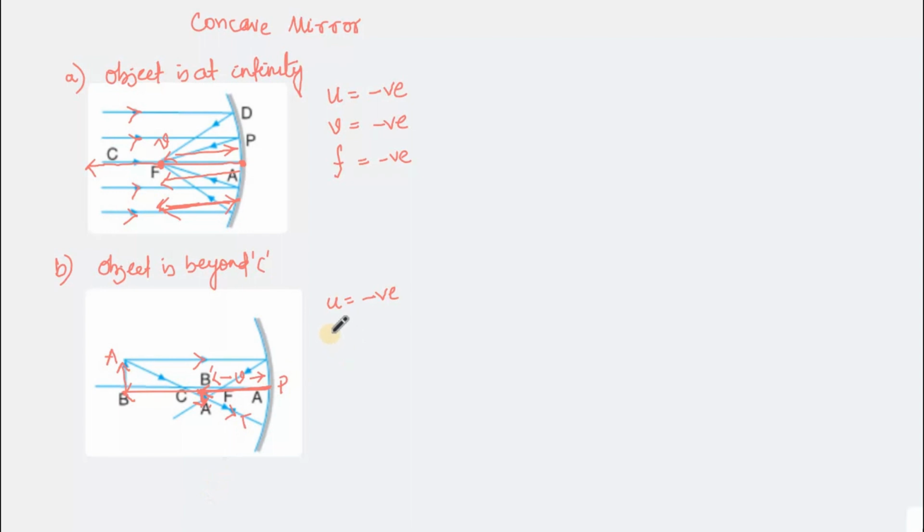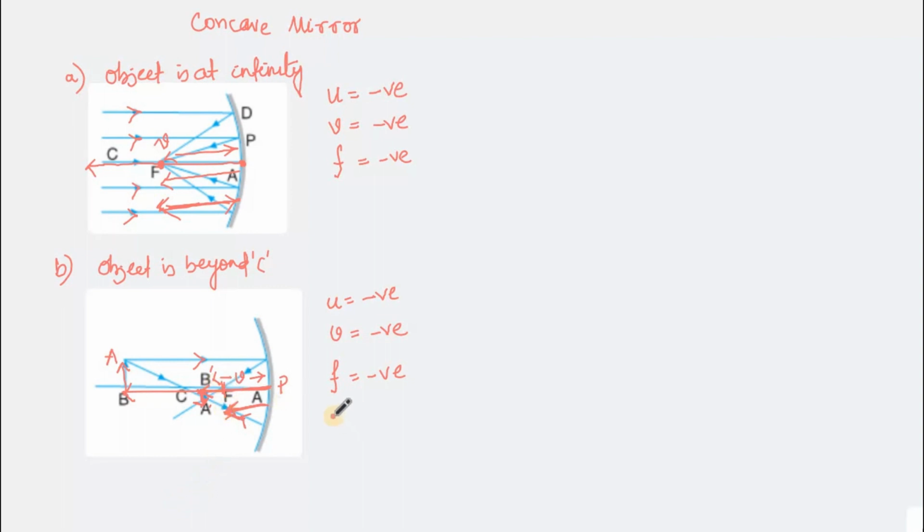So again, since we are going towards the left from the origin, our image distance will be negative. Now the focal length, we all know that again here is the focus. So the focal length is also negative because to measure the focal length also we have to go towards the left from the pole, right?